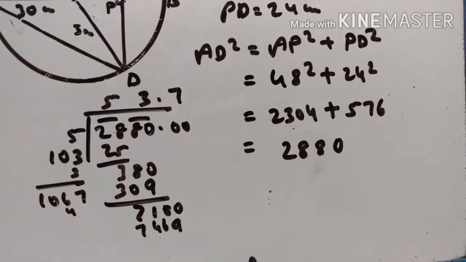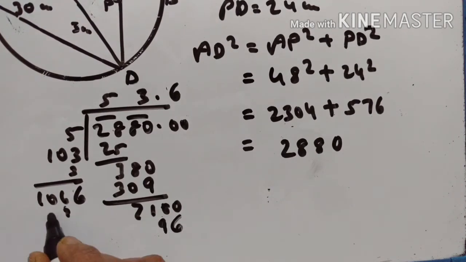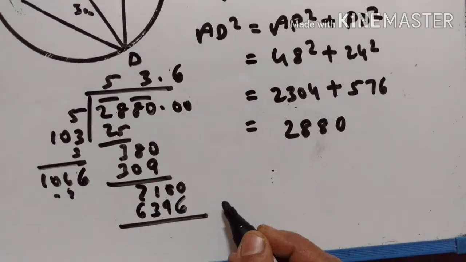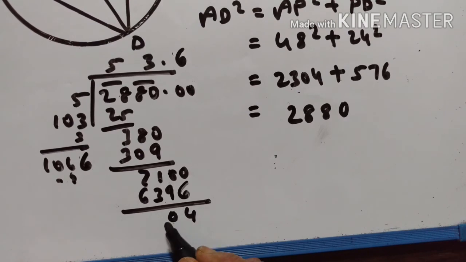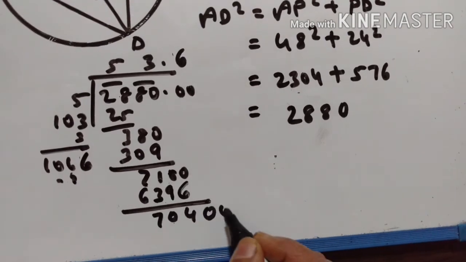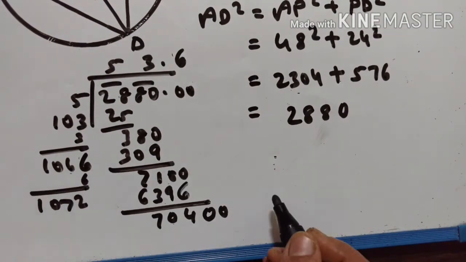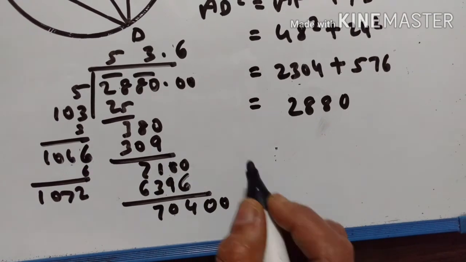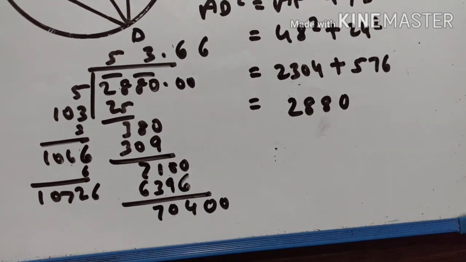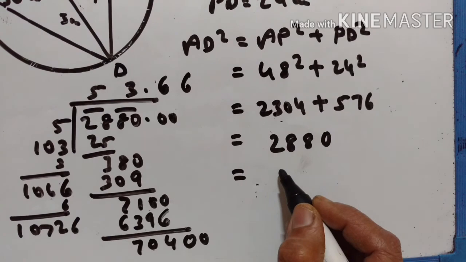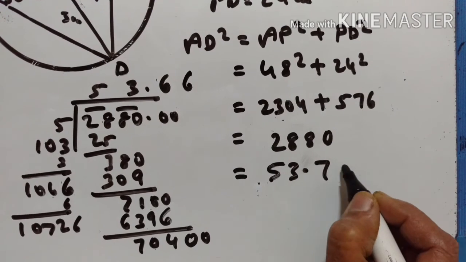Let us take 6. Again 6. AD is equal to 53.66, or we can approximate it to 53.7 centimeter.